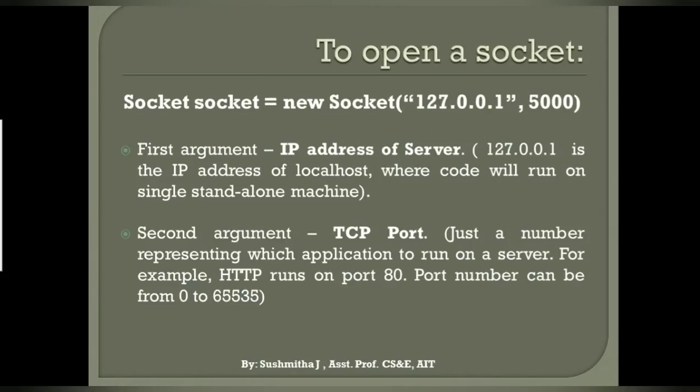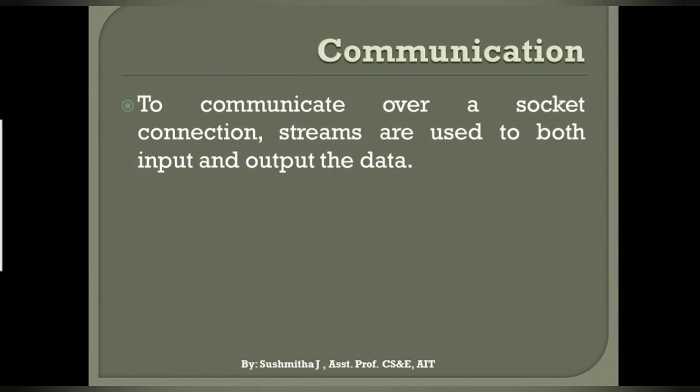As we saw in the illustrative diagram a few minutes earlier, if I divide the whole thing into three phases, in the first phase I am trying to connect, in the second phase I am trying to communicate, and in the third phase I would be closing the connection. Again, here we communicate over the socket connection using streams of input and output.